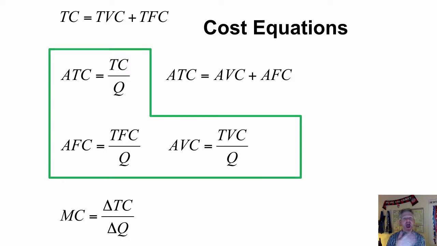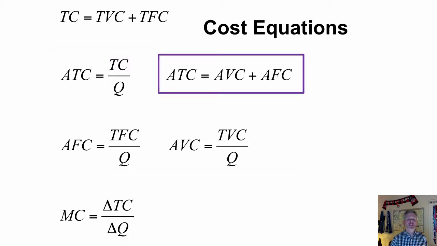So we have average total cost, which we can either talk about in terms of just take the total cost and divide by Q, all right? Or we can talk about the average fixed cost, which is the total fixed cost divided by Q, or the average variable cost, which is total variable cost divided by the quantity, all right?